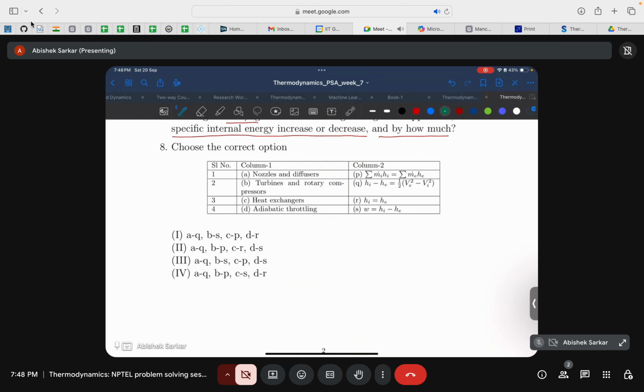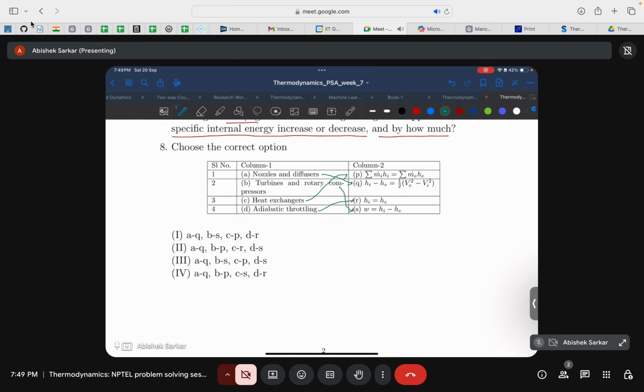Nozzles and diffusers, I know that velocities are quantities of relevance and enthalpy will also be there, so A should be matched with Q. Turbines and rotary compressors, I know that the work done is relevant, so the work done term has to be there, so it should be this one. Heat exchangers, there are multiple inlets and outlets, and enthalpy is an important parameter, so P should be there, and the one left is this one.